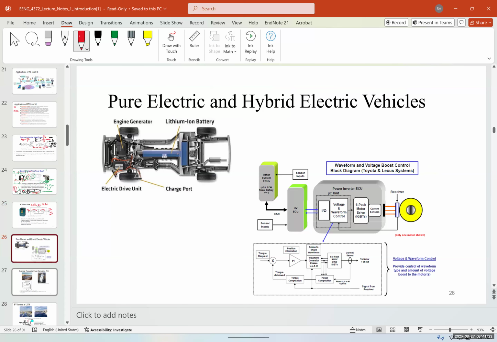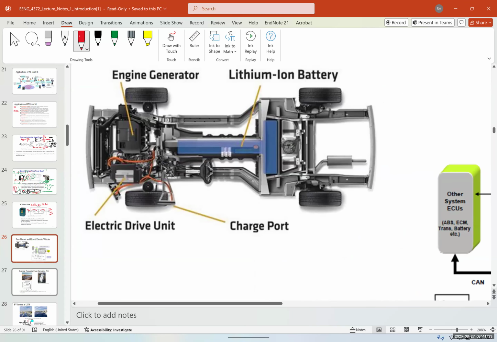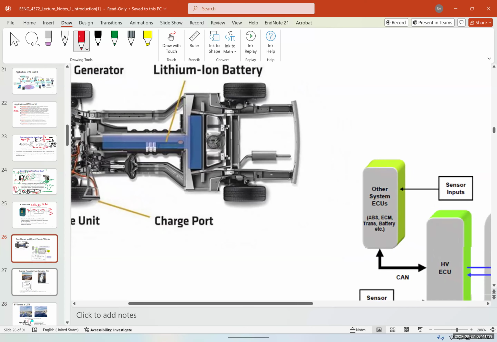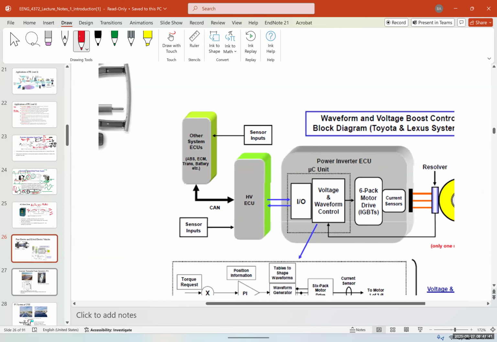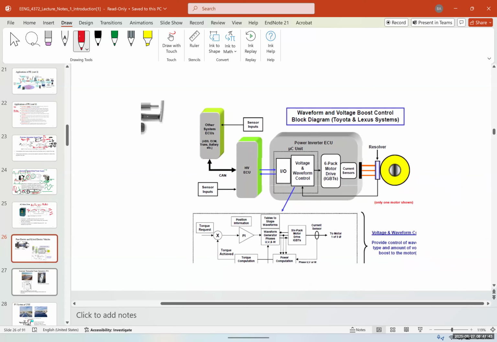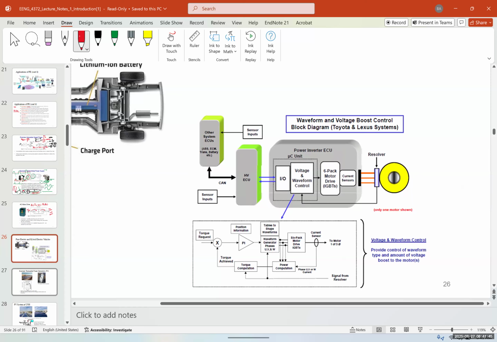This is an example of a pure electric vehicle, or EV, and a hybrid electric vehicle and the power electronic components of it. We have the engine generator, the main parts, the electric drive unit, the charge point, and the lithium-ion battery. In EVs, it sometimes gets very complicated because the motors also act as a generator.